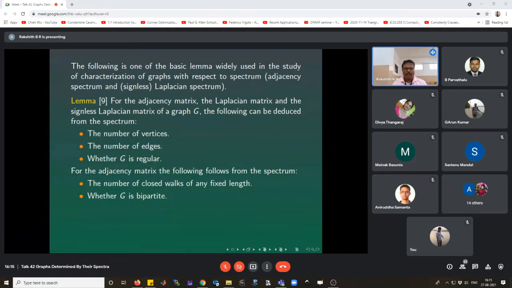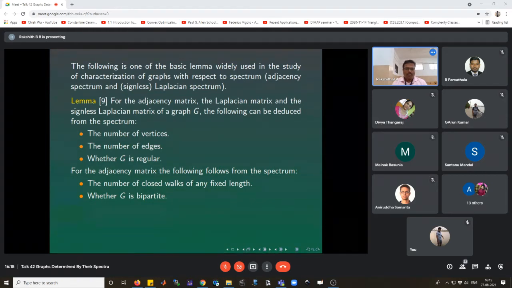With respect to the adjacency spectrum, you just need to check whether the spectrum is symmetric about the origin or not. That is the if and only if condition for a graph to be bipartite.